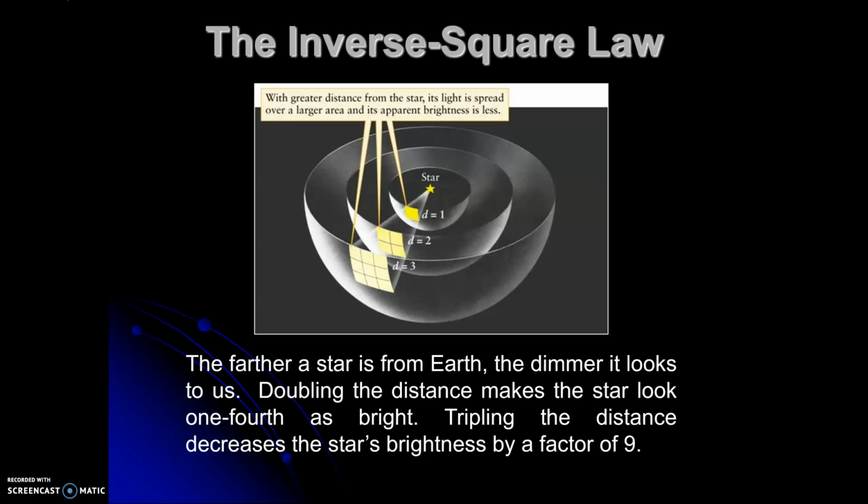Another thing we're going to talk about with apparent magnitude is the inverse square law. The further the distance from the Earth, the dimmer the star is going to look to us. Doubling the distance makes the star look 1/4 as bright as it actually is. Tripling the distance is going to decrease it by 9. If we are looking at a star, the further out we go, the less and less brightness we see, as we can see here with that yellow color becoming less and less apparent to us.